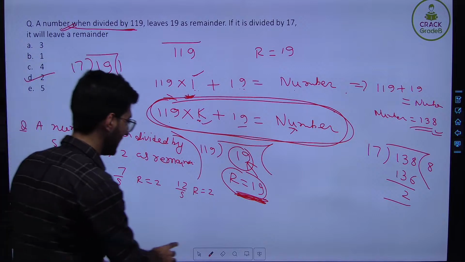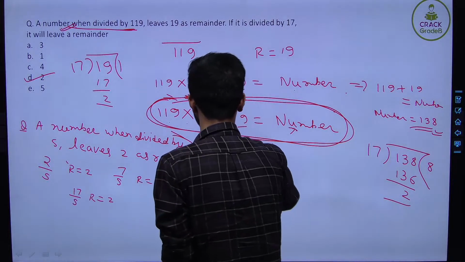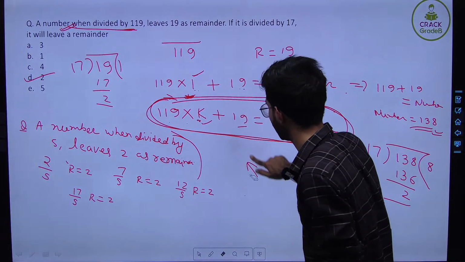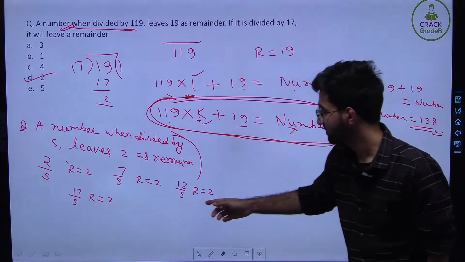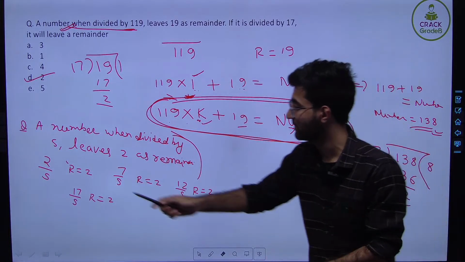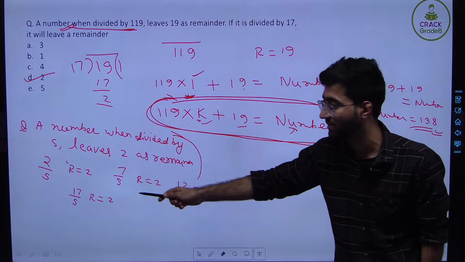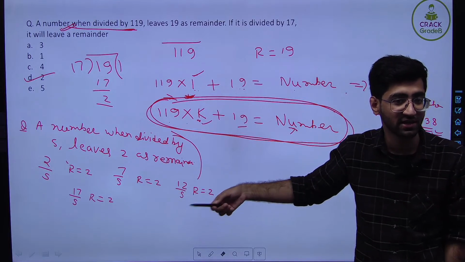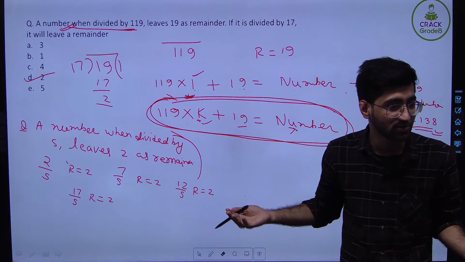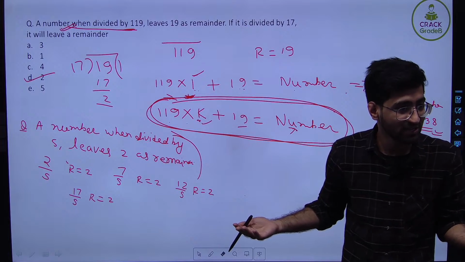That's why I have said earlier that there are multiple possible values for that number, right? That number can be 2, 7, 12, 17, 22, 27, 32. There are many possible values for that number. Any doubt?